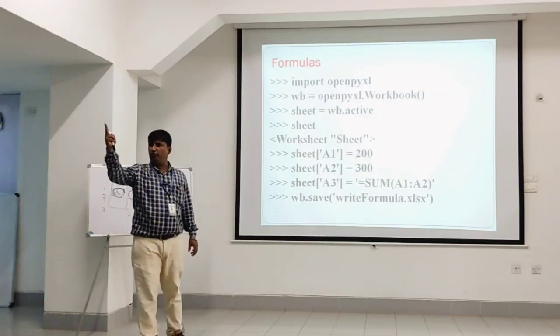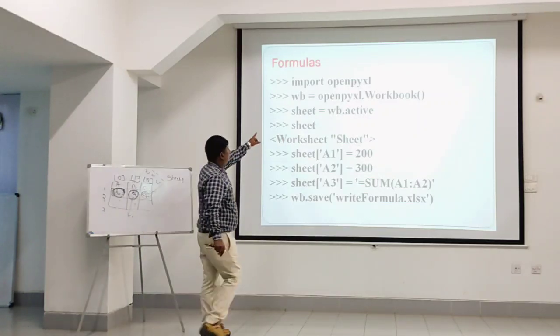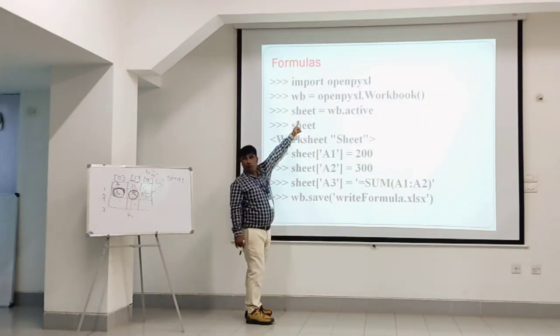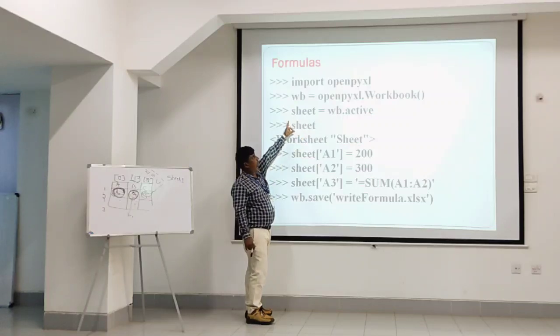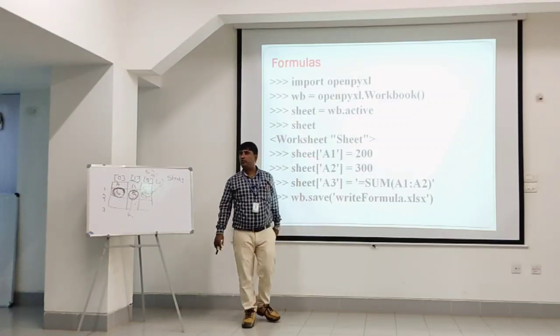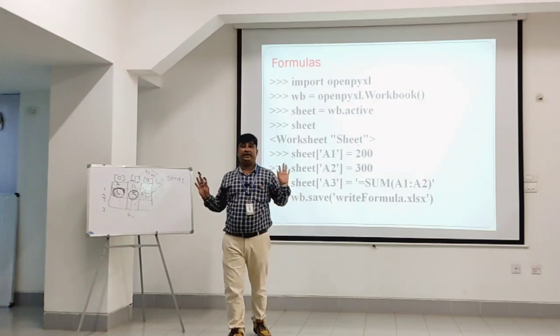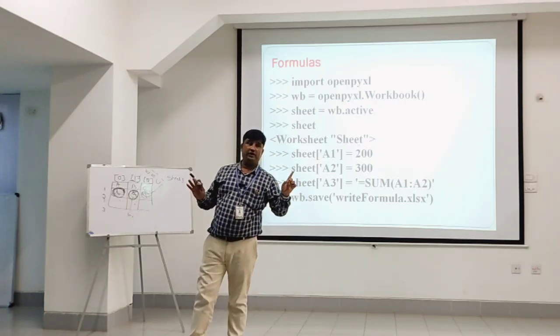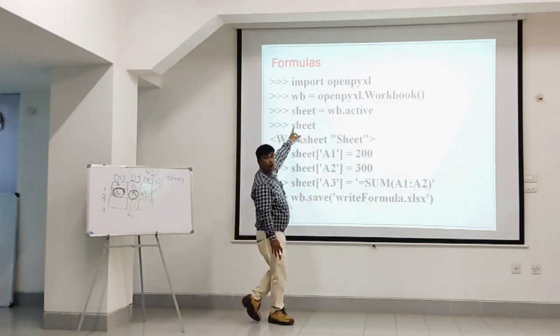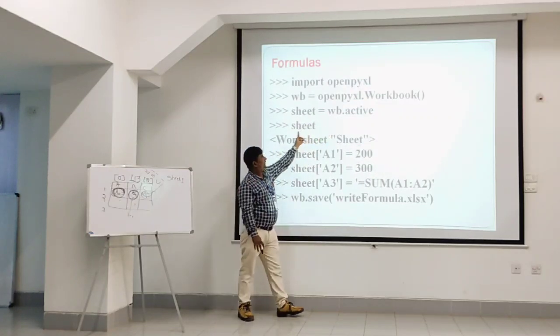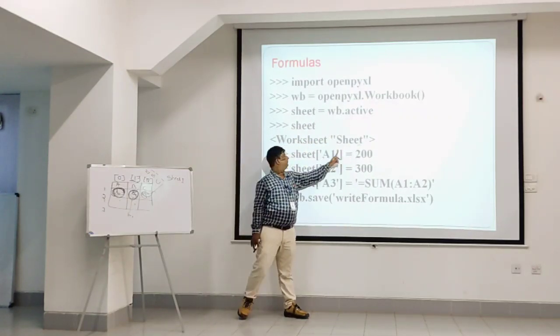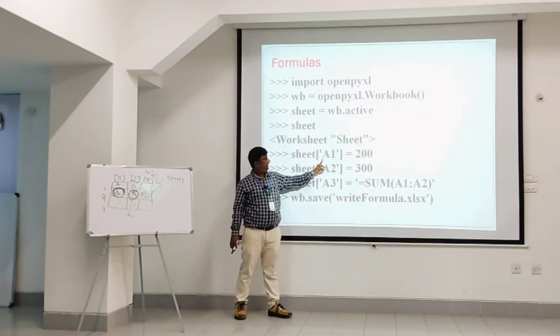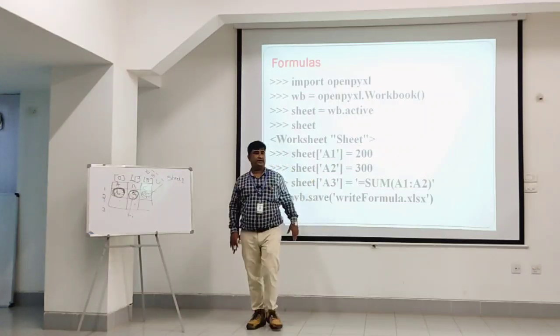So I am taking only 2 values. Again, import openpyxl, then openpyxl.Workbook(). How many sheets are created? One. What is that sheet name? Sheet. Then sheet is equal to wb.active. Sheet of A1 is equal to 200. What do you understand?